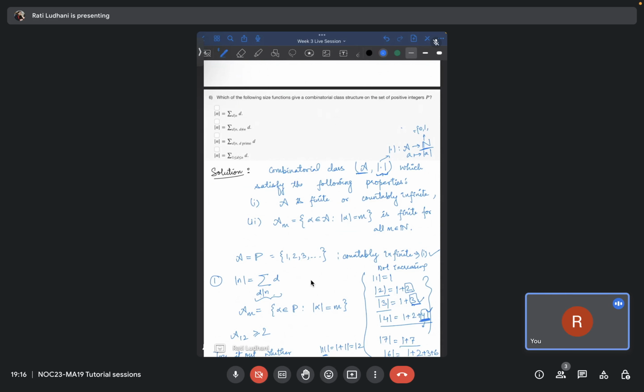This is actually the set of non-negative integers from the terminology we are using. So you have n to be 0, 1, 2 and so on, and you have this set A. So a combinatorial class is a pair A comma size function which satisfies the following properties. A should be finite or countably infinite.